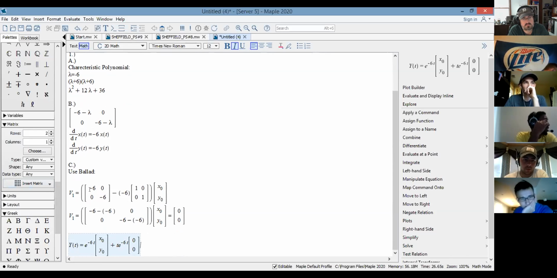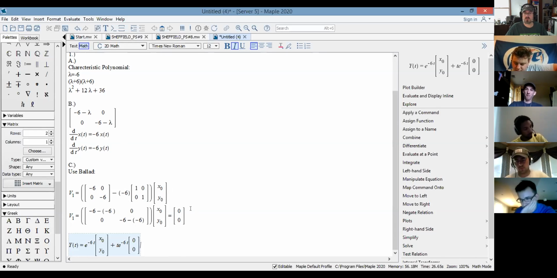So b1 equals our matrix minus lambda, which was from up here, negative 6, times that. This is where I got a little confused in the notes, because like you said, I could have one of these numbers be non-zero. But when you do the ballot, wouldn't that affect what x of 0 or y of 0 would be if it was a non-zero number? It would basically be a multiple of x sub 0 or y sub 0, depending on which one was non-zero.